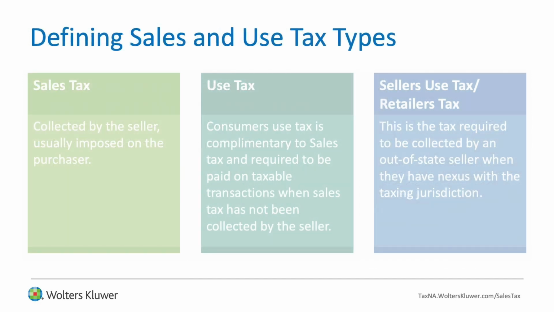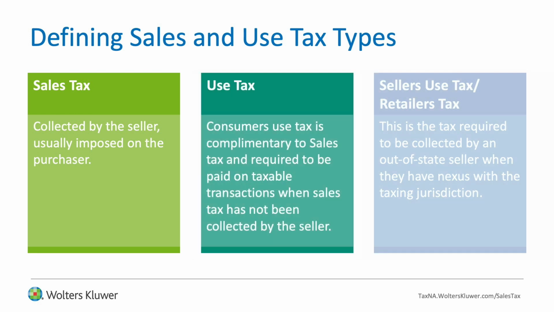You hear us talking about the sales and use tax all the time. What is sales tax? What's use tax? Is it the same thing? Kind of. So I'm going to define for you the sales and use tax types. Sales tax is collected by the seller, and it's usually imposed on the purchaser. So when you go into a store and you buy something, you're charged a sales tax because a sale is transacted.